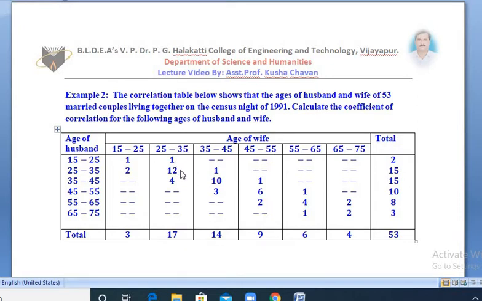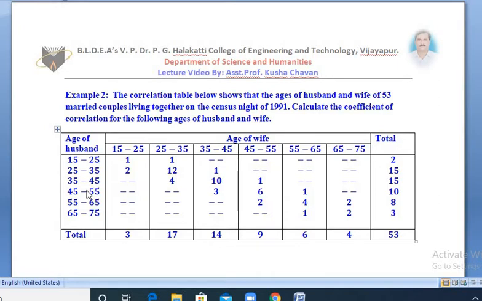And the number of wives over the class interval 35 to 45 is 1 and that of number of husband over the class interval 25 to 35 is also 1. And number of wives over the class interval 45 to 55 is 1 and that of number of husband over the class interval 45 to 55 is 1.